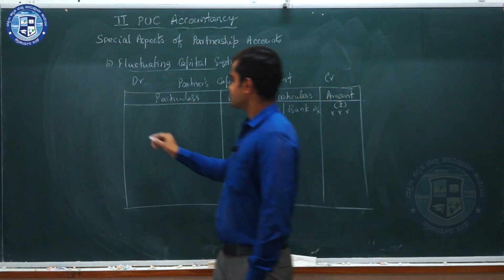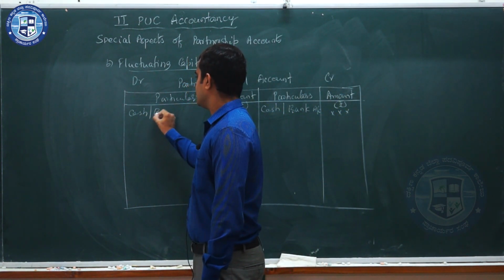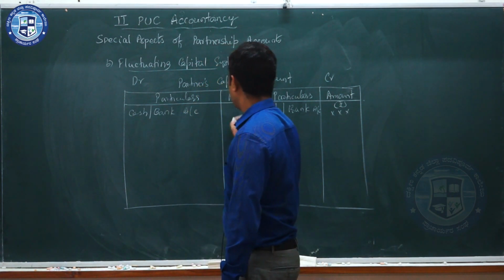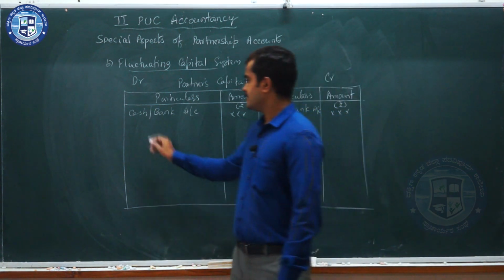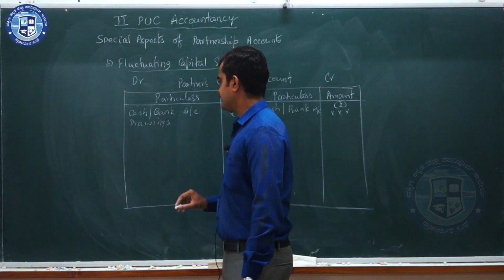Second is withdrawal of excess capital or surplus capital on the debit side as cash or bank account. Then drawings we are going to record on the debit side.